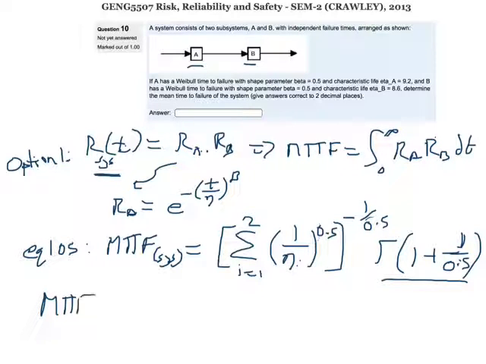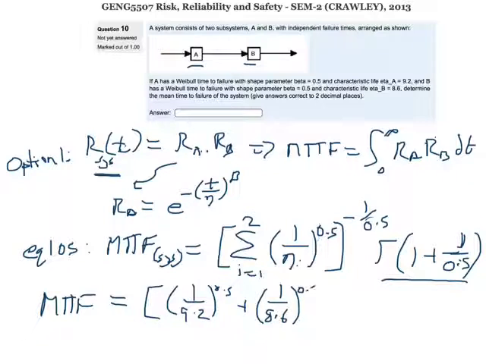MTTF is equal to, so we've got our square bracket, 1 over eta A, which is 9.2, raised to the 0.5, which is a square root, plus square root again, 1 over 8.6, which is eta B to the 0.5, and this whole thing, 1 over 0.5 is 2, to the minus 2, and this is all times 2, because we worked out that the gamma function of 1 plus 1 over 2, gamma function of 3, sorry, is equal to n minus 1 factorial, which is 2 factorial, which is 2.